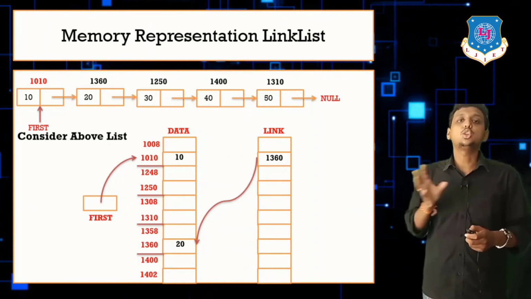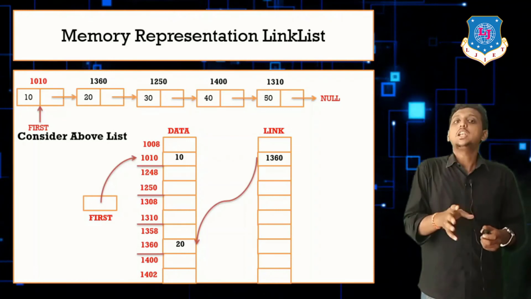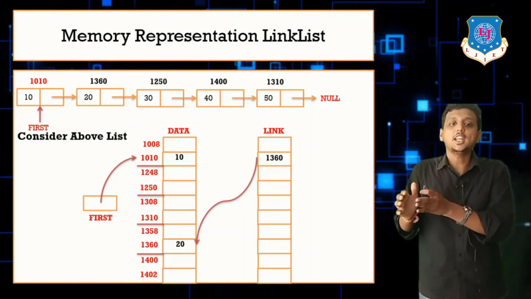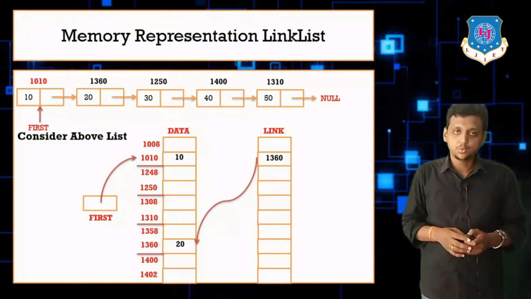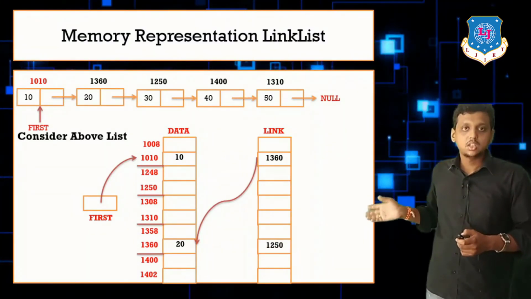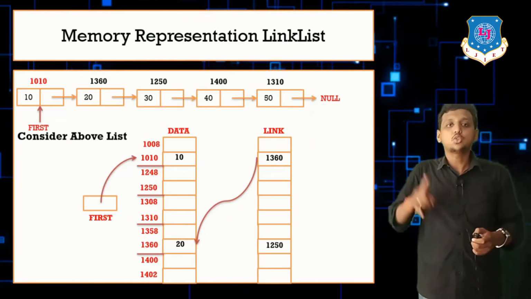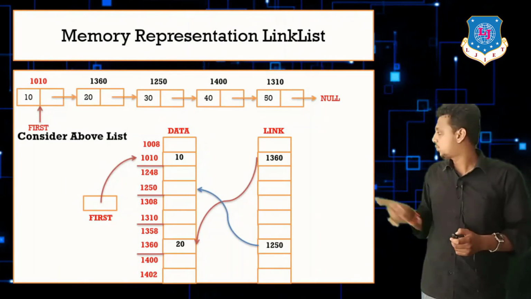Address of 30 is 1250. That means the value which is going to be stored in the link of 20 is 1250. So the link of the 20 is going to point to the 1250 location. So here it is, 1250.